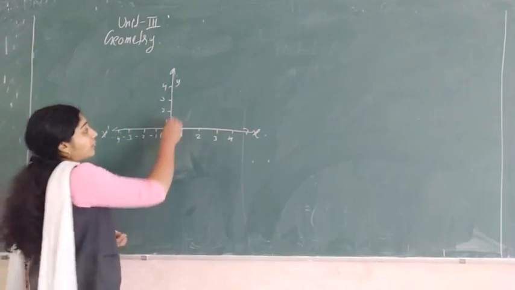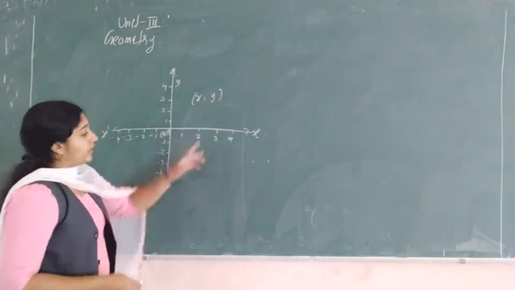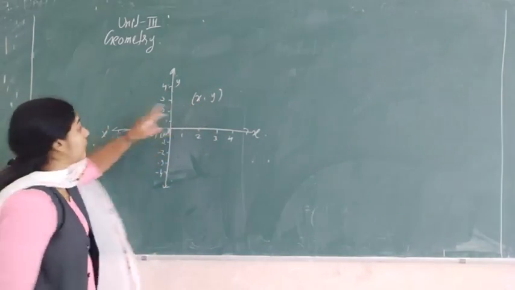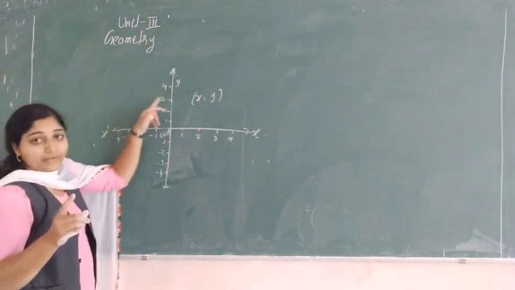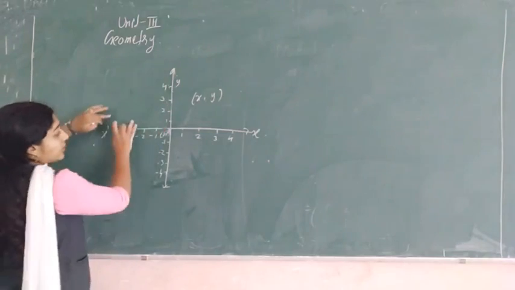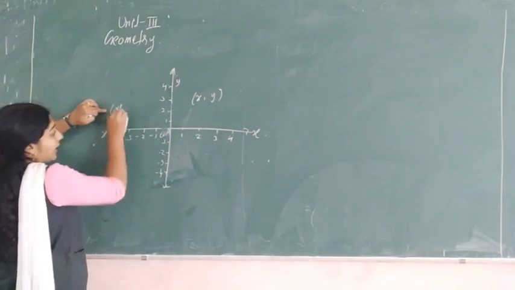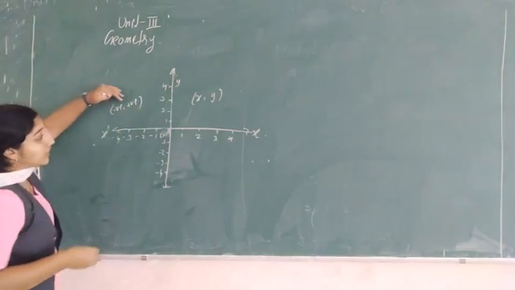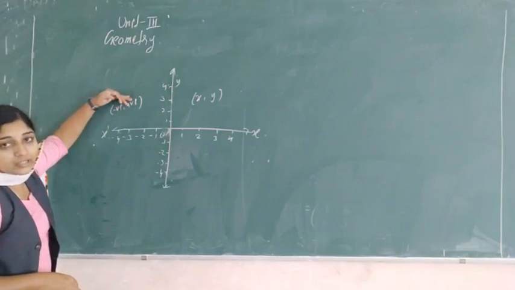So here you will get both values positive. If you are considering x and y, this is positive, this is also positive. Always we have to take the first x-axis value, then the y-axis value. Okay. In the second quadrant, the x value is negative and the y value is positive. So in the second quadrant, first is negative, second is positive.